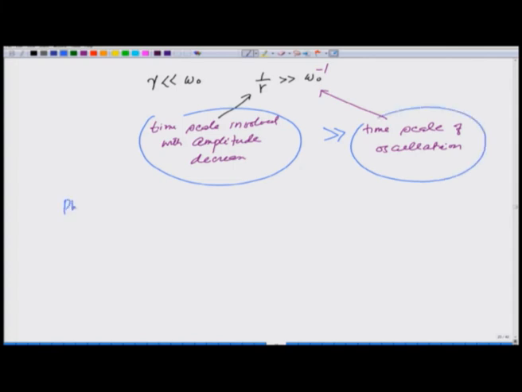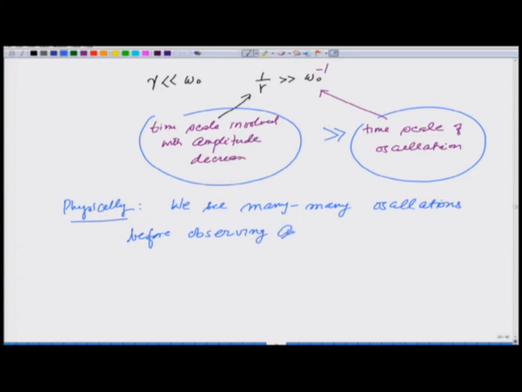Physically, what it means is, we see many oscillations before observing any significant decrease in amplitude.